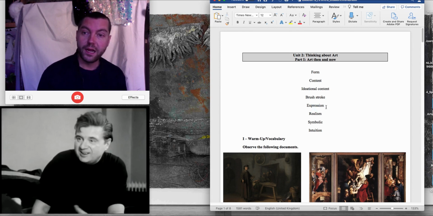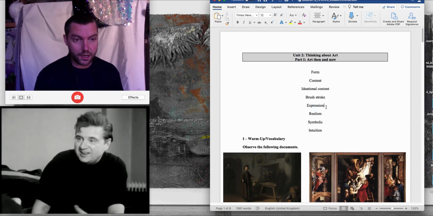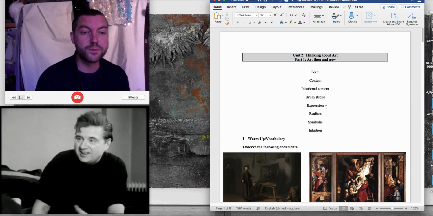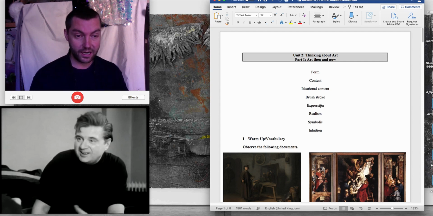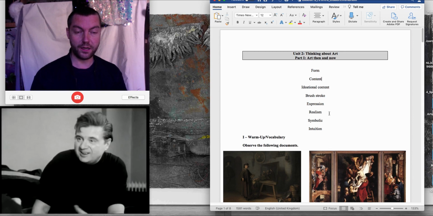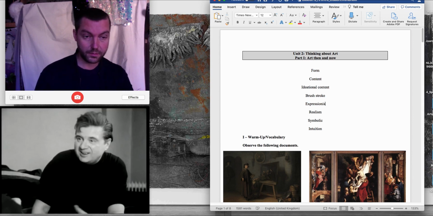The problem of whether, or how, the artwork expresses the ideas in the painting. So expression is related also to form and content. And here between these two, we could say expressionism, and realism.